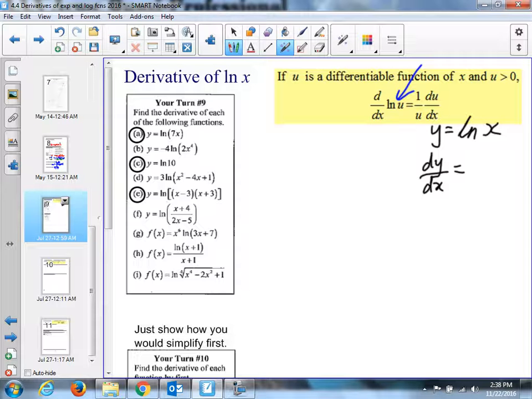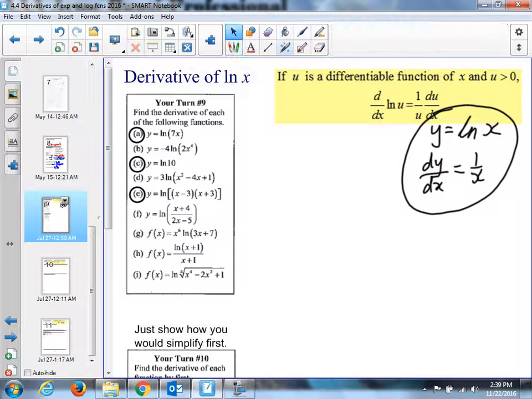In this case, u is x, so it's 1 over whatever you've got inside the log, 1 over x. What's the derivative of the inside, the derivative of x in this case? 1. So this one doesn't have any leftover inside to do.